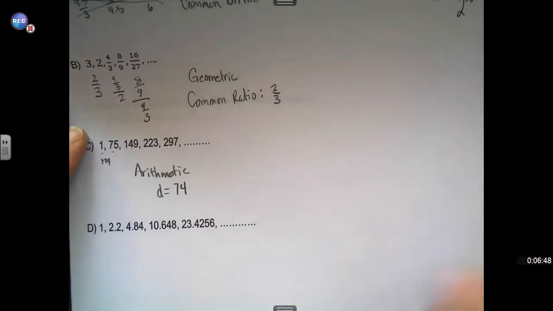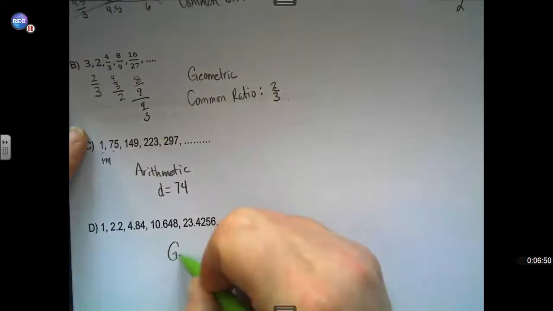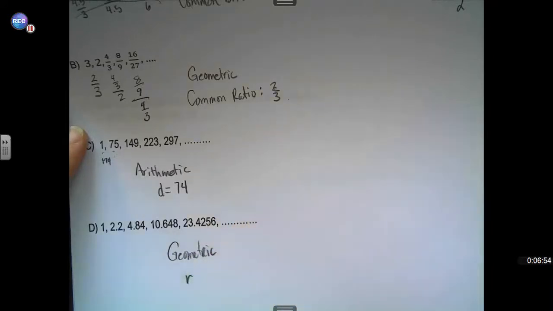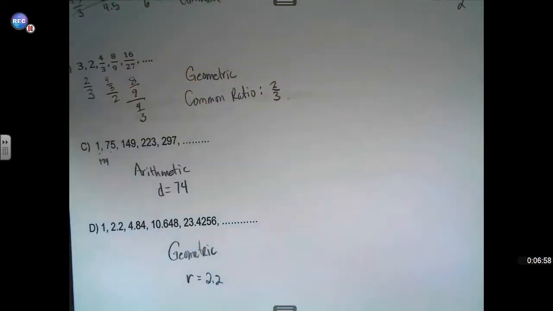So I get the same thing each time. This is geometric. And we use r for the common ratio. The common ratio is 2.2.